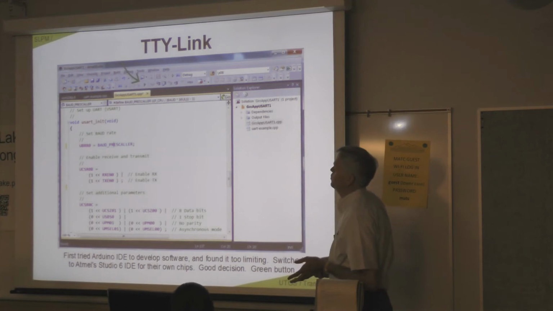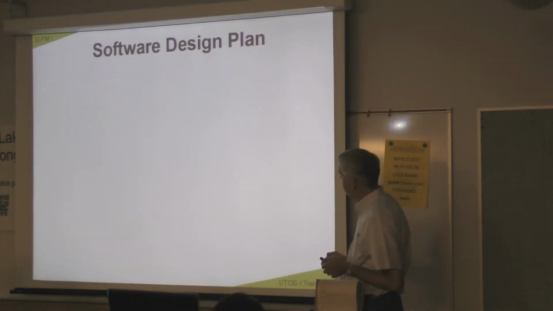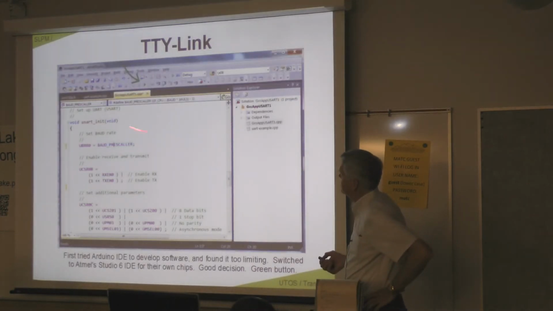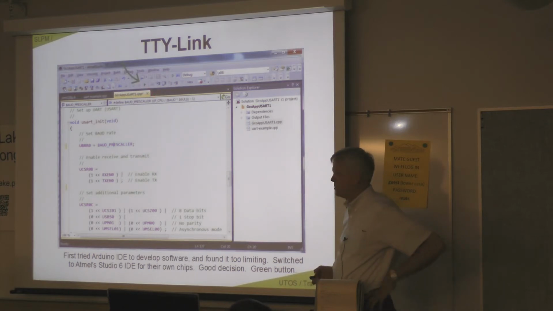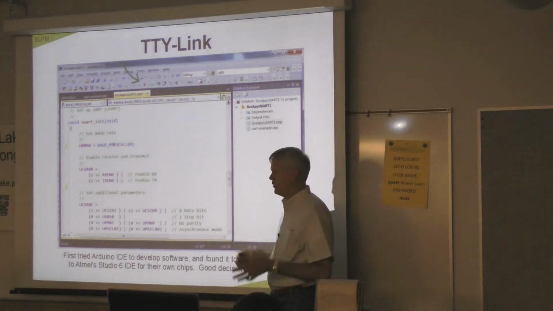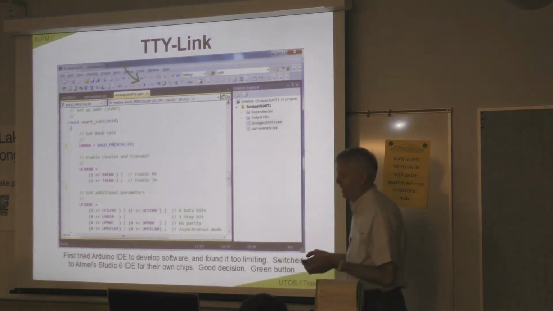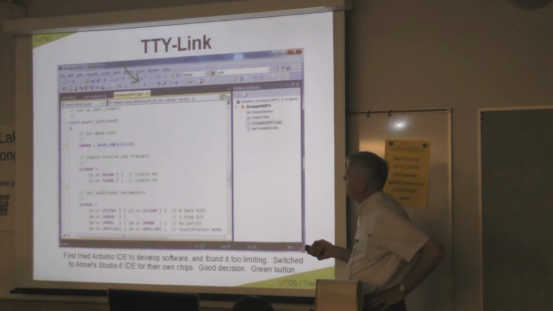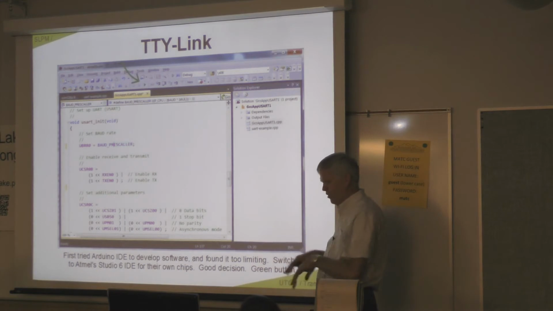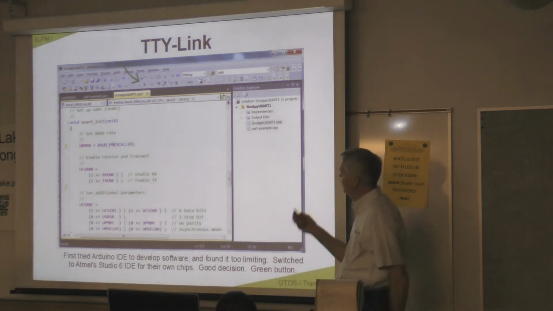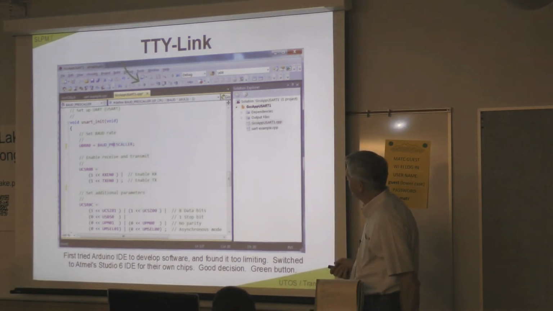But I had never used one of these before, and it took me a week to find out that this little green button is the download button. I was looking for a download command, install. I couldn't find it. But what that button does is it compiles your software and downloads it into the chip. But it took me a week to figure that out. Rather embarrassing.